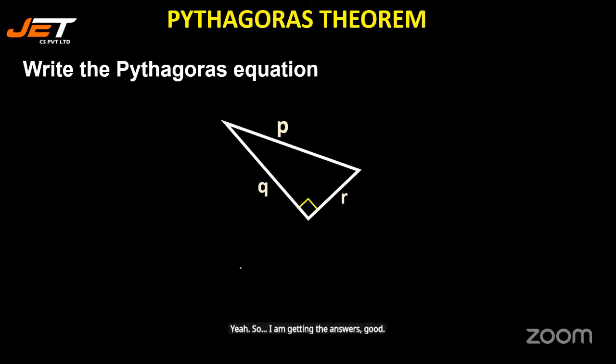Good. Yes. So almost all of you have given me the answers. Let me tell you the answer. P square, P is the longest side, isn't it? So P square is equal to R square plus Q square.